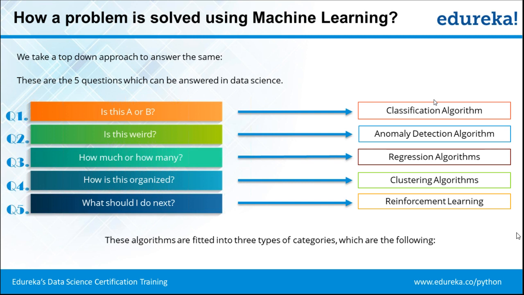Let's say you apply the clustering algorithm, and the groups are made in such a way that articles which look similar are grouped into one group, and articles which look different are grouped into different groups. So now whenever somebody is reading one article, you can suggest some belonging to the same group.